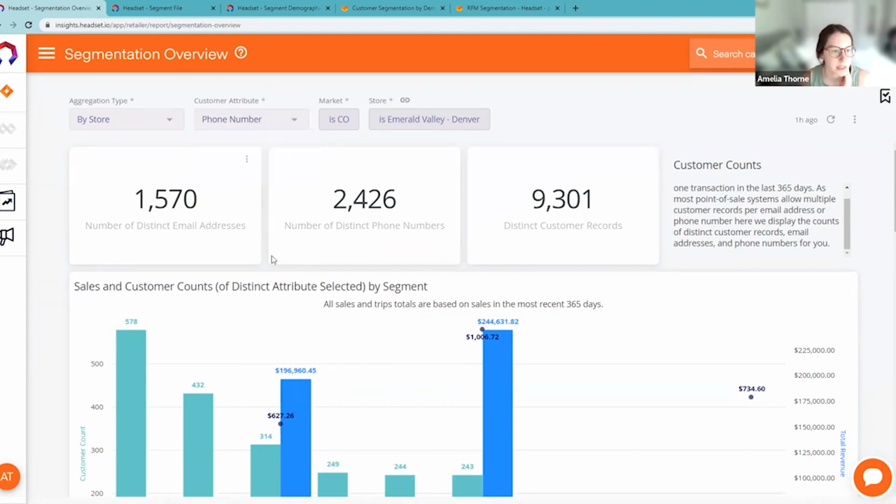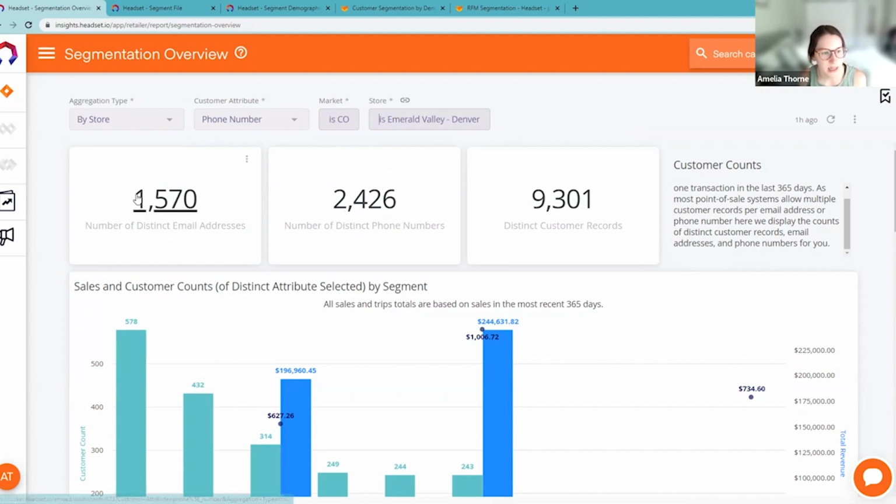For example, we see that there's more phone numbers being collected than there are distinct email addresses, so I'm going to sort this by phone number. You can choose your market. If you are looking at a specific store, choose whatever market that falls into, and then you can choose your store here.